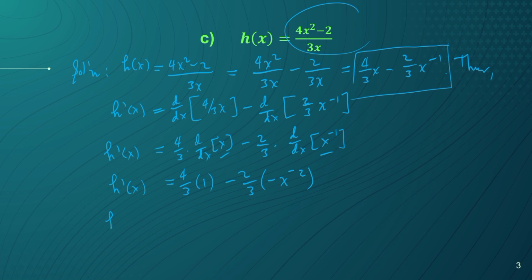So h prime of x is equal to 4/3 minus 2/3 times -1 over x squared. Through simplification, h prime of x is equal to 4/3 plus 2 over 3x squared. So this now is the final answer.